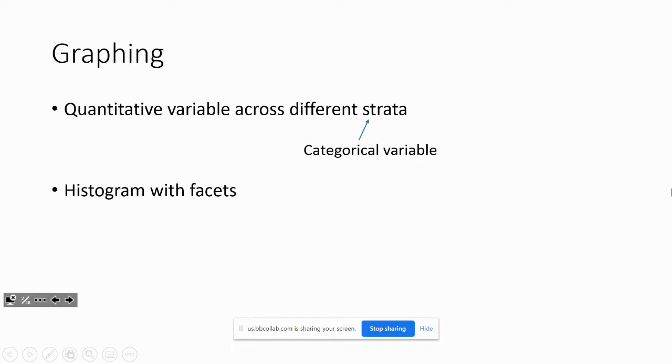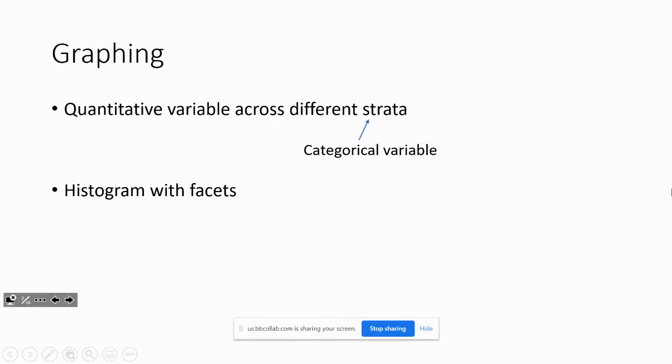And that means that usually in a histogram, the bars will be right next to each other to indicate that one iris might have a petal length of 1.9 and another one has a petal length of 1.95. Those would be right next to each other. Versus in a bar graph, if we have a grouped categorical variable, then the iris is either red or it's yellow, but it's not somewhere in between.